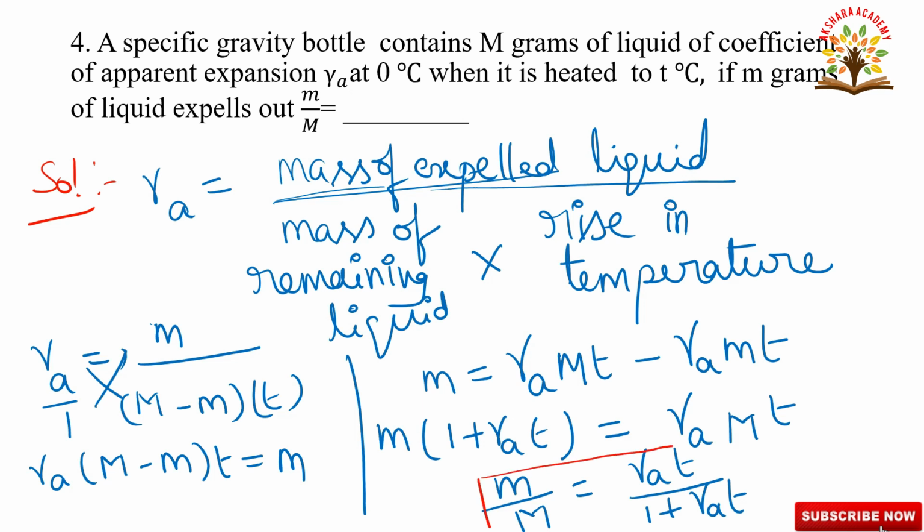Small m by capital M is equals to gamma A into T by 1 plus gamma A into T.